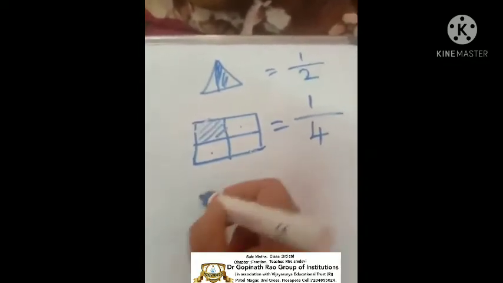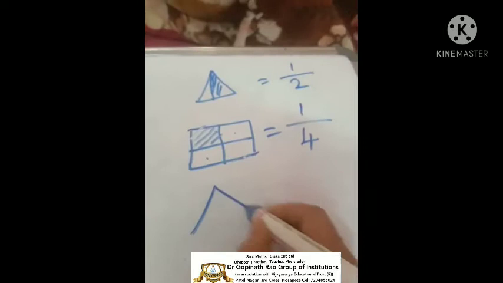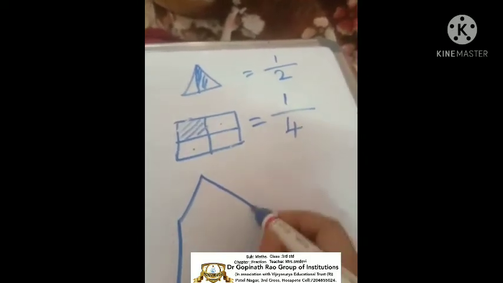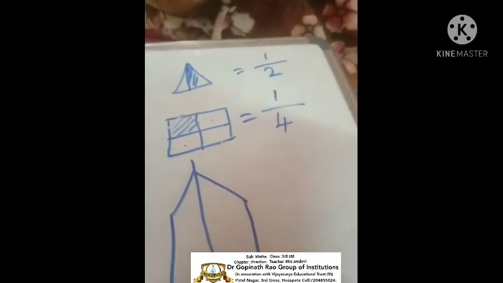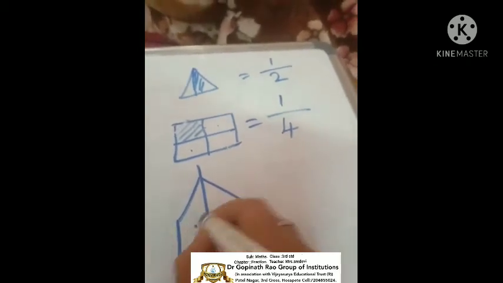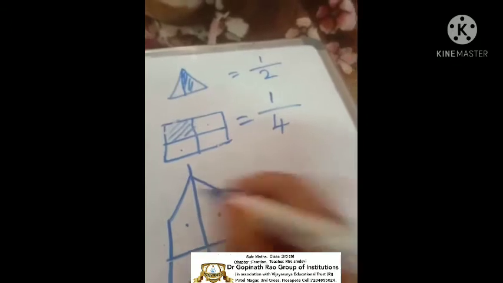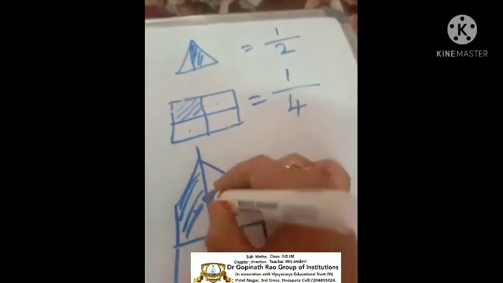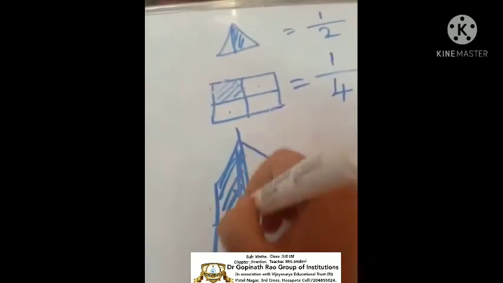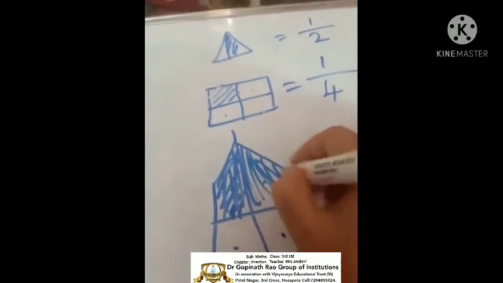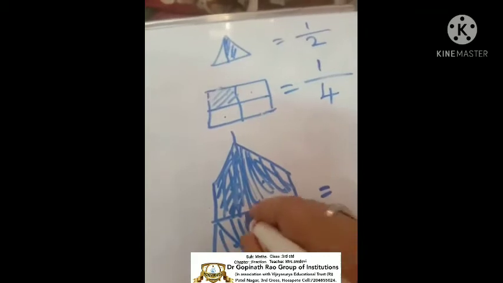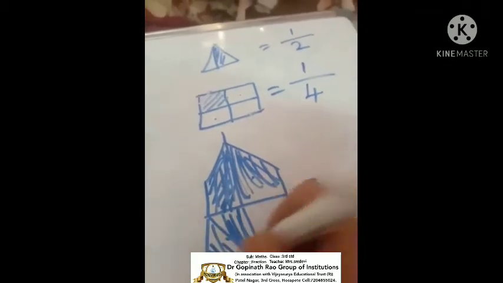Now we'll move to another shape. We'll divide it into 4 equal portions, 1, 2, 3, 4. We'll shade 3 portions: one shaded, second one, third one. How will we write?